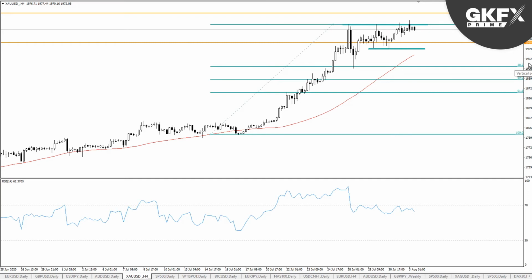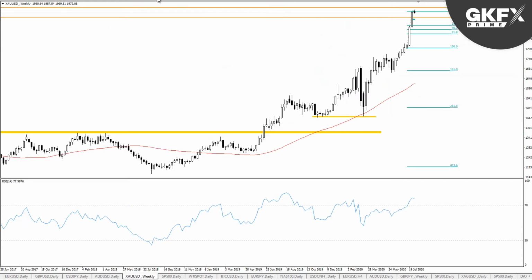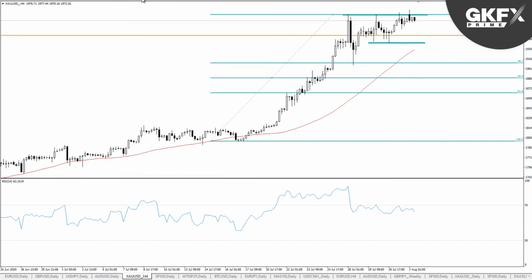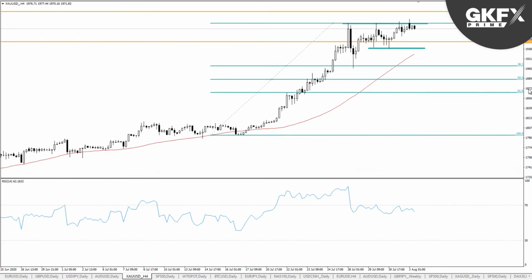We missed it in 2011, when gold last made its massive run higher, and I think this time there's a bit more determination for it to happen. It might not happen so quickly.